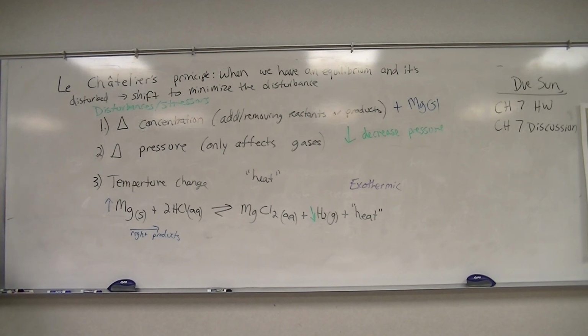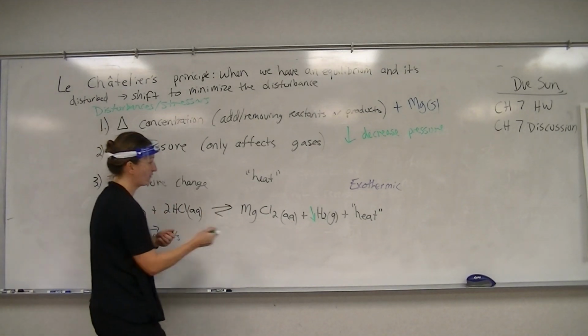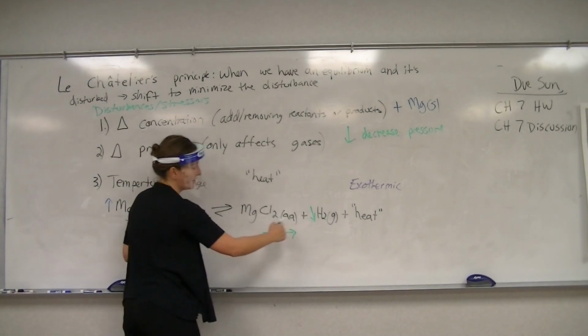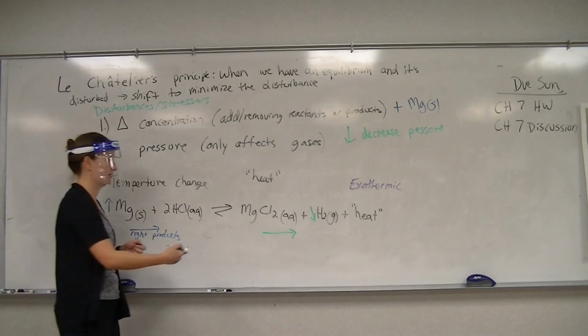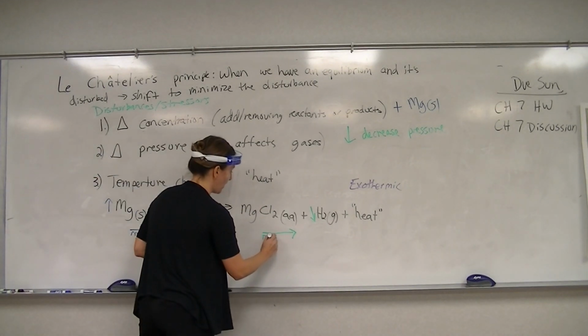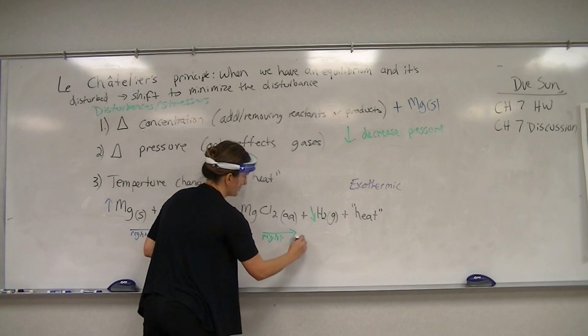It has to go toward the products. We're trying to either get rid of what we added, if we added extra, or replace what we took. So to replace it, I'm going to have to shift towards the products to make what was taken. Okay, so this one is also going to be right towards products.